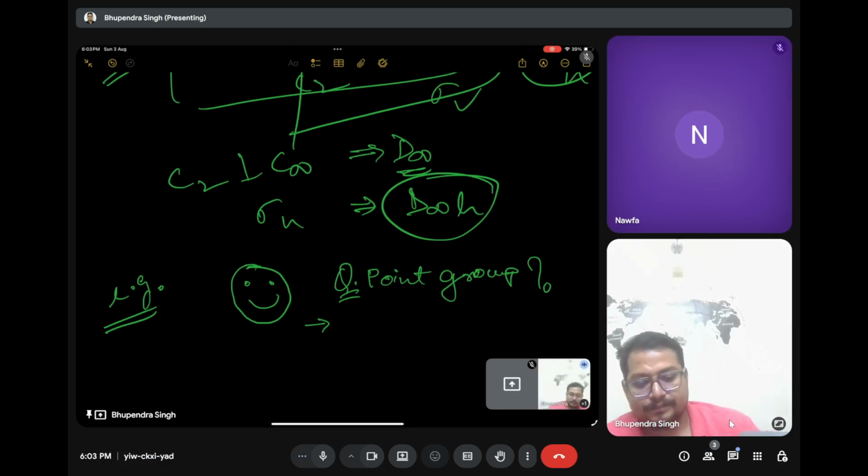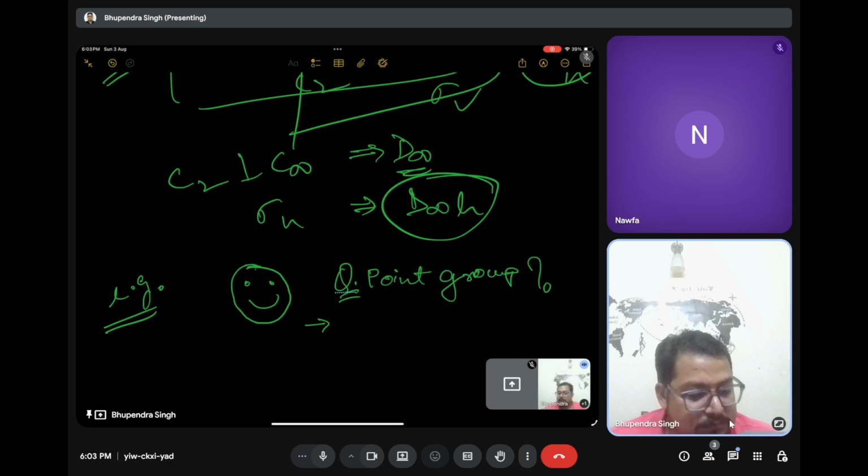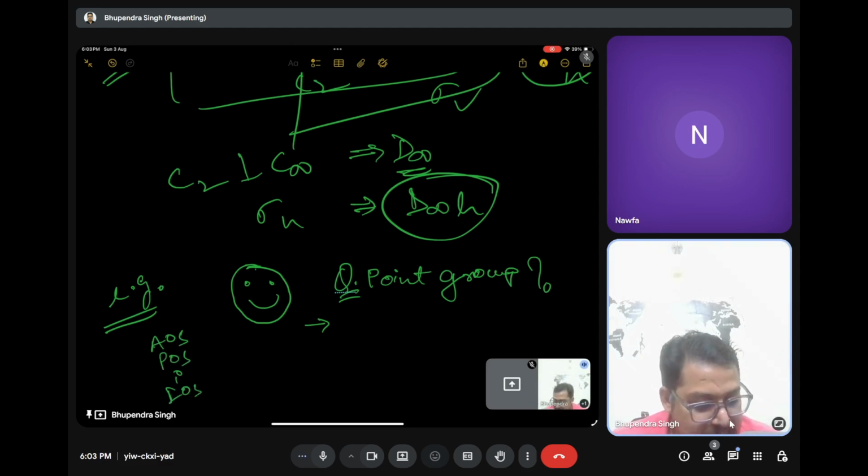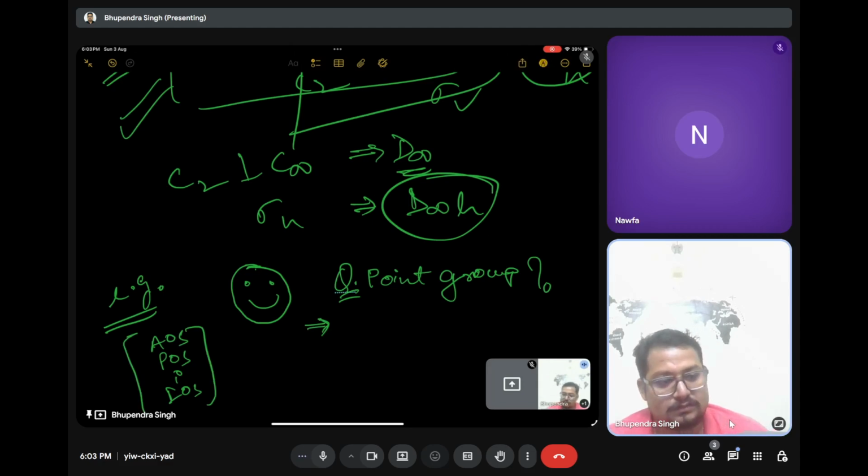Yeah, you follow that thing only. AOS, POS, IOS, and then this flow chart. And then you'll get to know the point group of this emoticon.